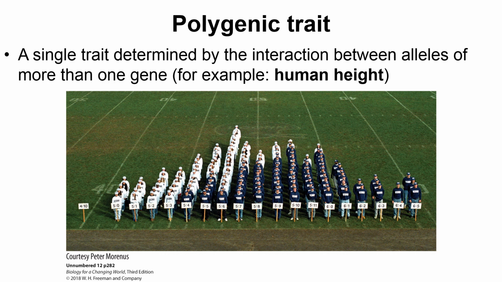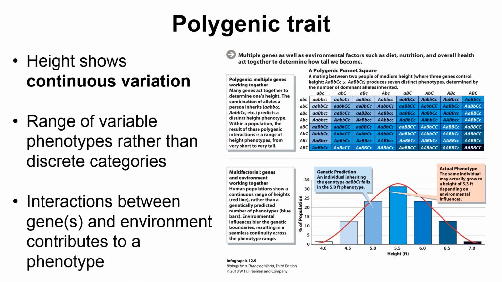One of the things that we see in a polygenic trait is continuous variation. But what if, in addition to multiple genes, we add the environment? Does the environment play an important role in traits? The answer is yes.